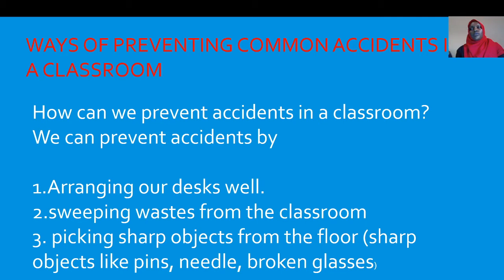Number four, hanging our bags badly. You come in the morning, you take your books and you just don't care where you place your bags. Then we have running up and down in the classroom, and jumping on the table. These can lead to an accident.